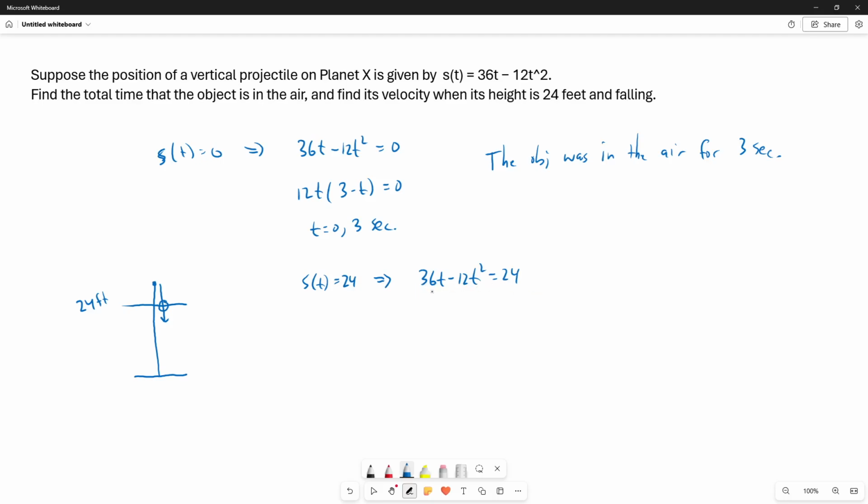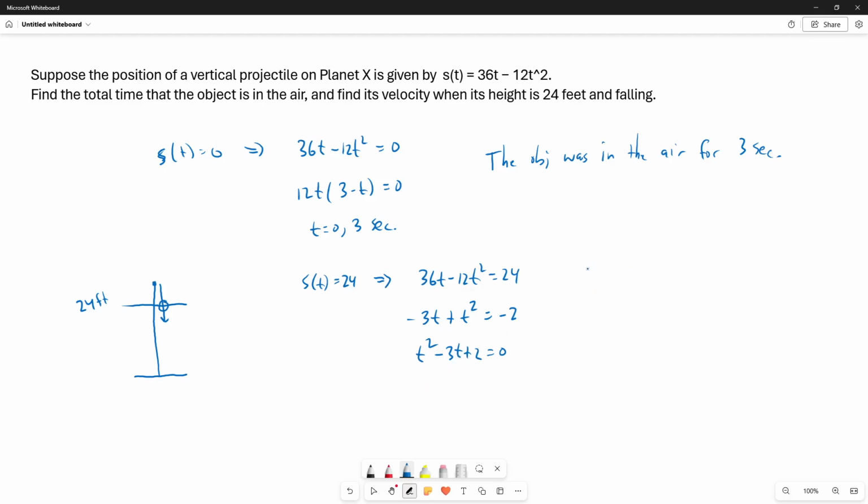If I divide everything by negative 12, I get negative 3t plus t squared is equal to negative 2. And then putting all the terms on the left side, we get a quadratic equation, t squared minus 3t plus 2 is equal to 0.